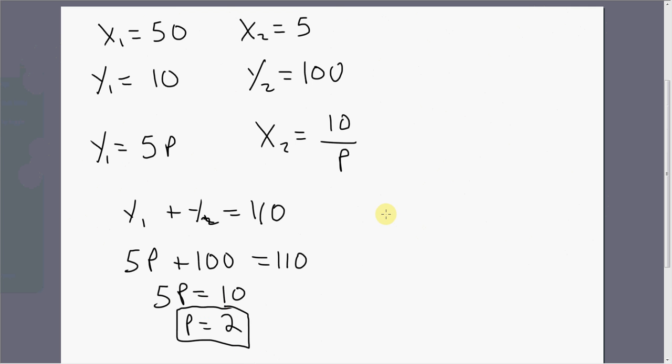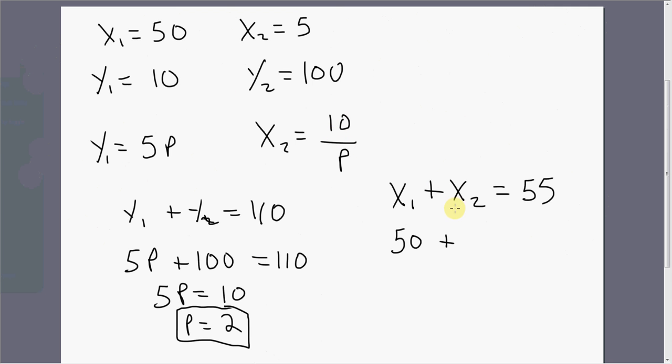We could have also found this by doing a similar idea for good X. The total demand for good X, consumer 1's demand and consumer 2's demand, has to equal our total endowment in this economy, 55 units of good X. So X1 is 50. What is X2?